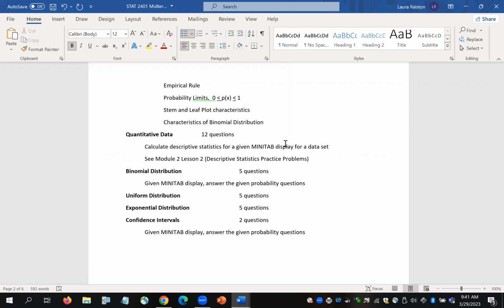So you have all of those that you have to calculate and then match up or indicate what the answer is. You have a binomial distribution with 5 questions. You have a uniform distribution with 5 questions, an exponential distribution with 5 questions, and 2 questions about a confidence interval.